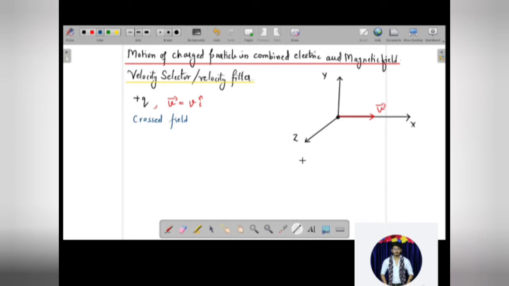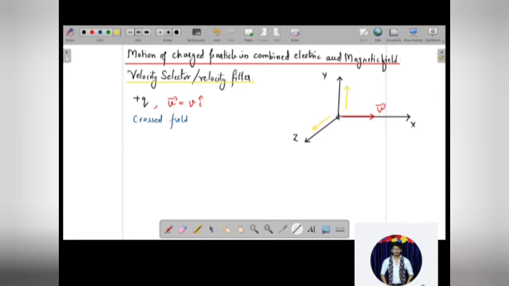So let's say I apply a uniform electric field in this direction. Let me take some other color. Rather, let me draw it at the side, so that it is understood. So this is the electric field over here, and since it is a crossed field, your magnetic field should be perpendicular.